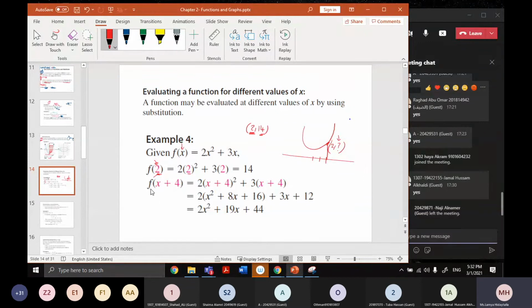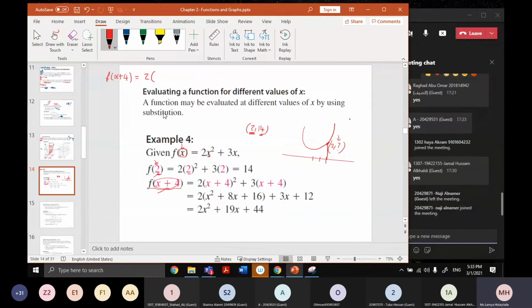Okay. طيب what if we want f of x plus 4? Same way. That is, instead of x, now I need x plus 4. So we remove the x, and in its place we substitute x plus 4. So f of x plus 4 is equal to 2 times, what is the x value? We take the x out, and in its place we put x plus 4.